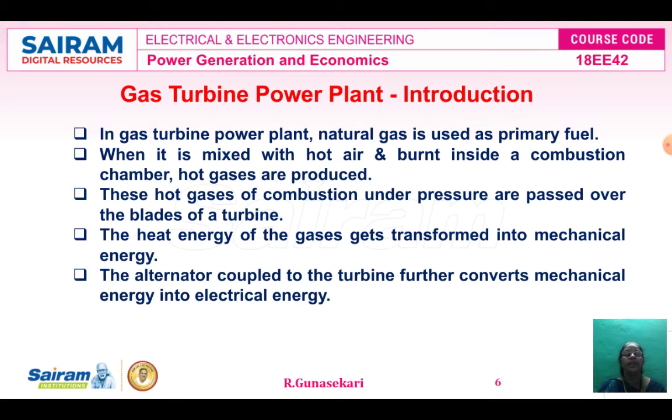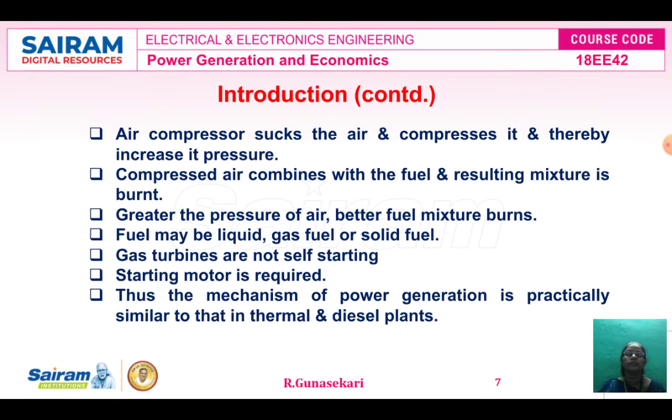The heat energy of the gases gets transformed into mechanical energy. That is, the heat energy is converted into mechanical energy with the help of the gas turbine. The alternator coupled to the gas turbine converts mechanical energy into electrical energy.